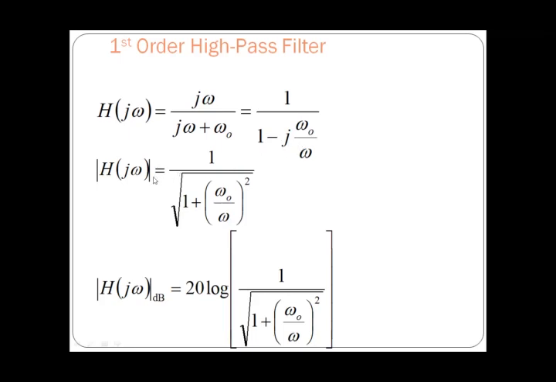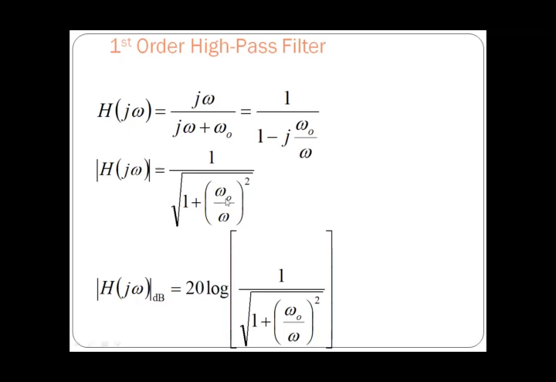So if you observe the magnitude of the transfer function, it will be given by 1 by square root of 1 plus omega naught by omega whole square. Here we are going to consider only the magnitude.